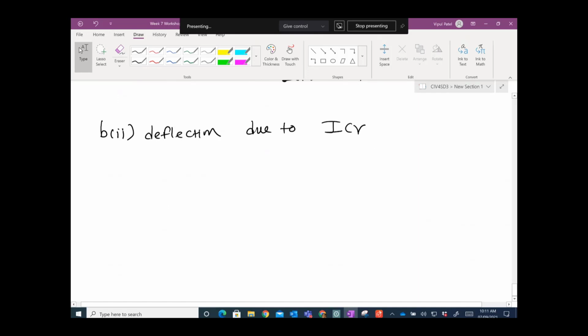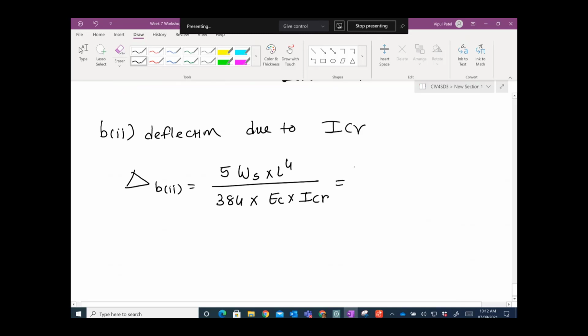So the same equation that we can use, just change this I gross to I crack. So deflection at B2 is equal to 5 W short term loading L to the power 4 over 384 Young's modulus of the concrete and I crack. So 44 we calculated, length is 7,000.